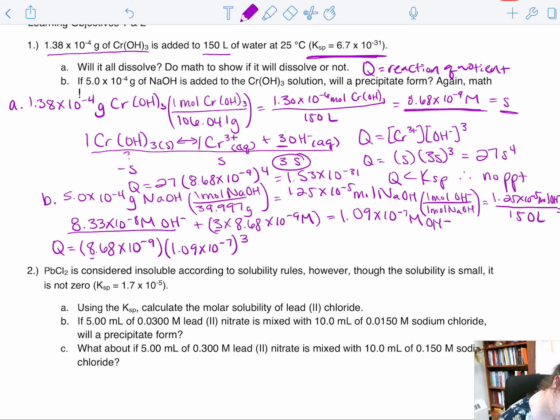So that's our chromium concentration, our hydroxide concentration, and our Q value would then be 1.13 times 10 to the negative 29. If we compare that to our KSP, we see that is a larger value, so Q is greater than KSP. Therefore we will have a precipitate.